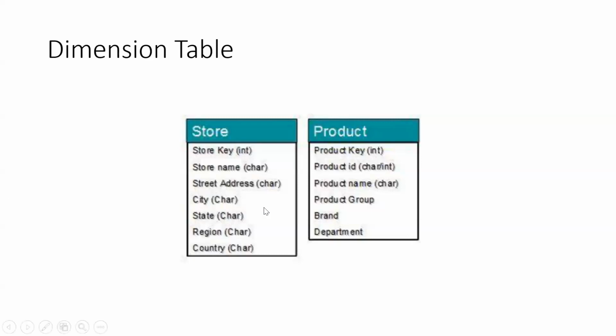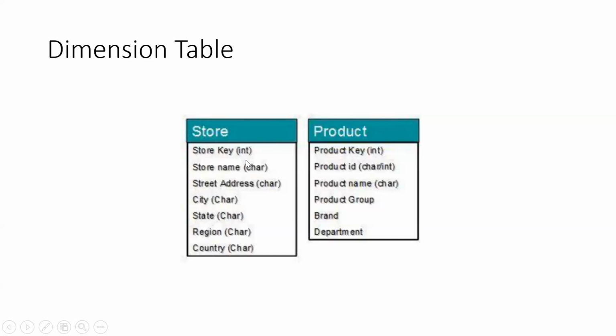And one more important thing I just mentioned, there are lots of foreign keys getting stored in the fact table. And you can see those are the primary keys in the dimension tables. Just like store key is the primary key in the store table, which is the foreign key in the fact table.